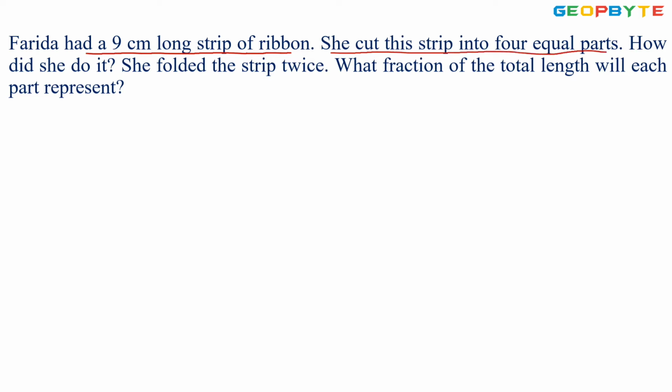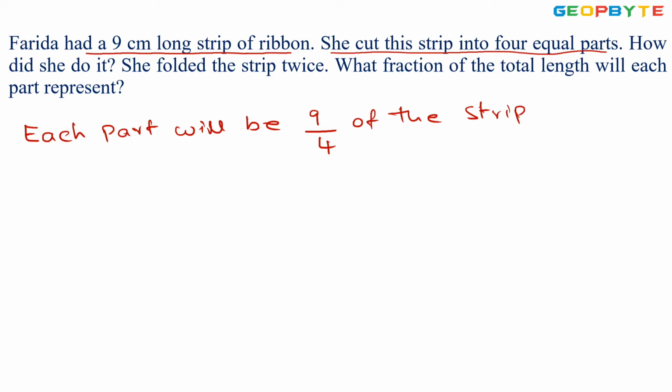So each part will be 9 by 4 of the strip. Here the total length of the strip of ribbon is 9 centimeters, and she cut the strip into 4 equal parts. So each part will represent 9 by 4 of the strip.